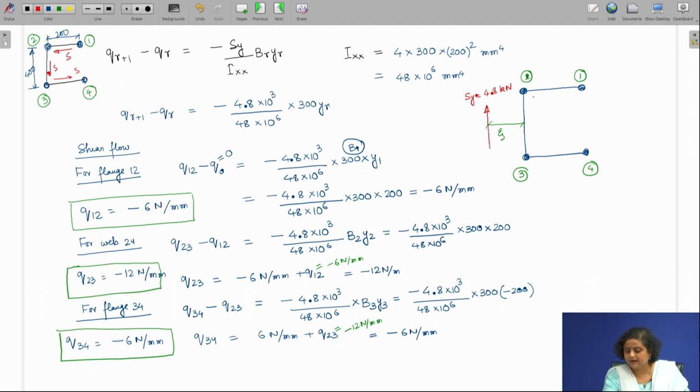Since this is minus, this is the direction of the shear flow that I am going to have. So this is going to be 6 Newton per millimeter, this is going to be 12 Newton per millimeter, and this is going to be 6 Newton per millimeter.